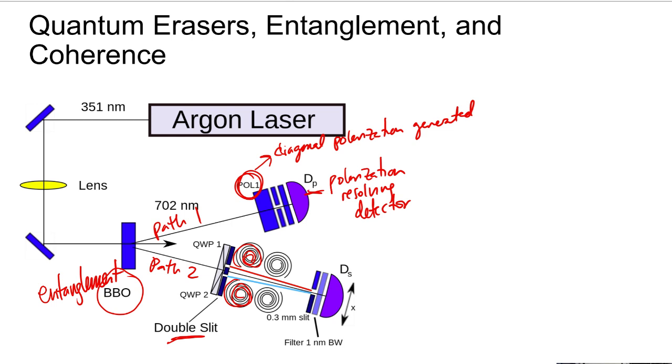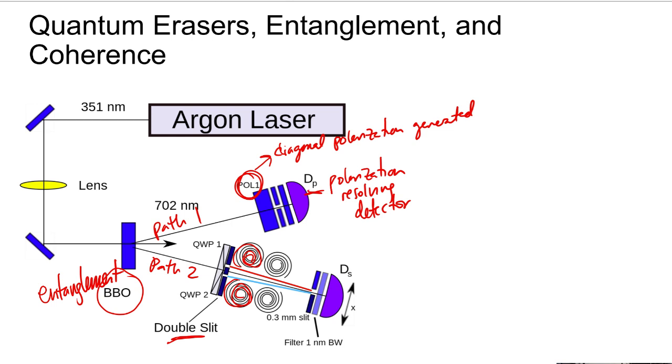So the first photon, we'll call this path 1, directly goes to a polarization resolving detector, this is our DP. And the second photon in our entangled pair goes through a double slit mask to a second polarization resolving detector.